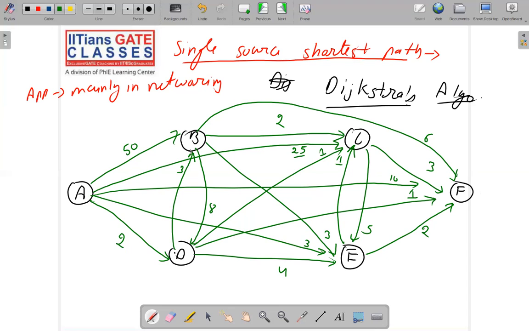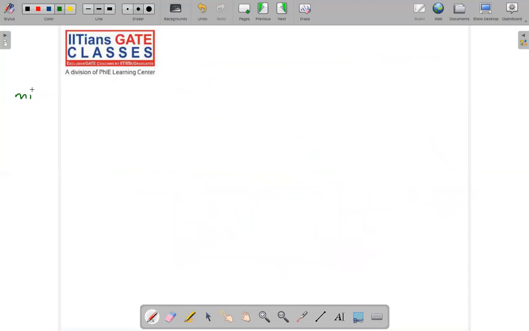Once you note it down, our source is given: the source is A. So we need to identify the minimum path from A to B, A to D, A to C, A to E, and A to F. That's our target. A to A is 0, obviously.